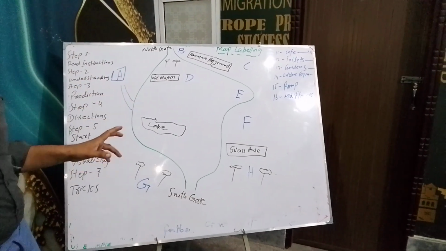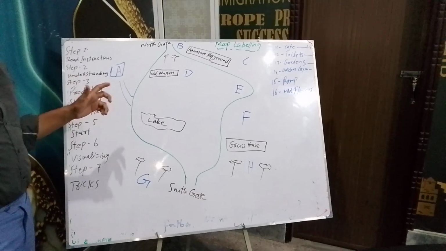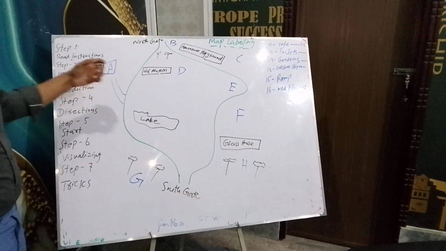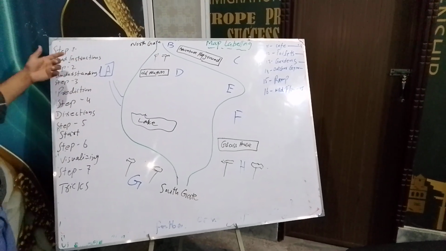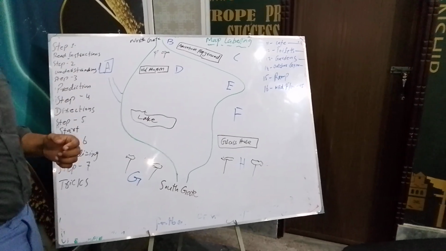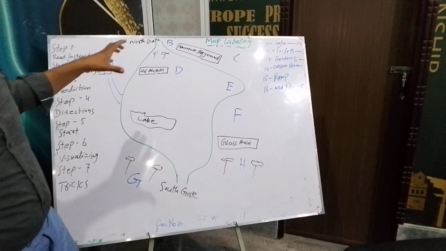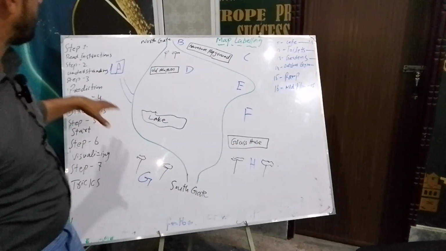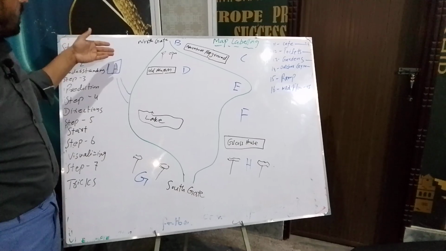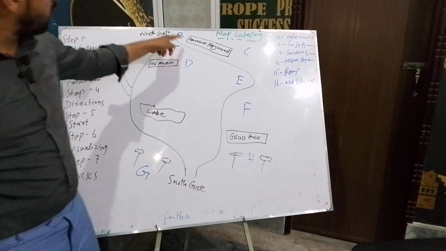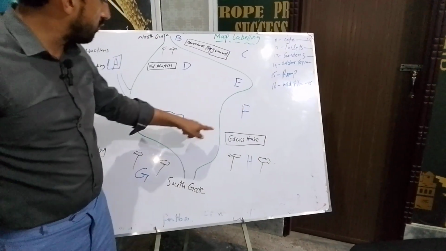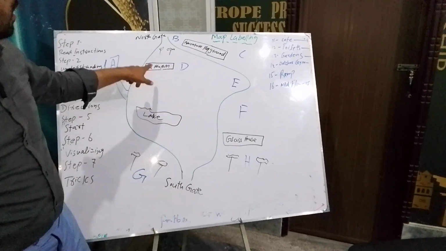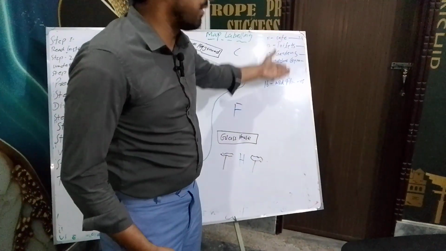The first step in IELTS listening map labeling is step number one: read the instructions. In the question paper you are given instructions. The instructions are like this: write one of these letters from A to H in front of these words, right?